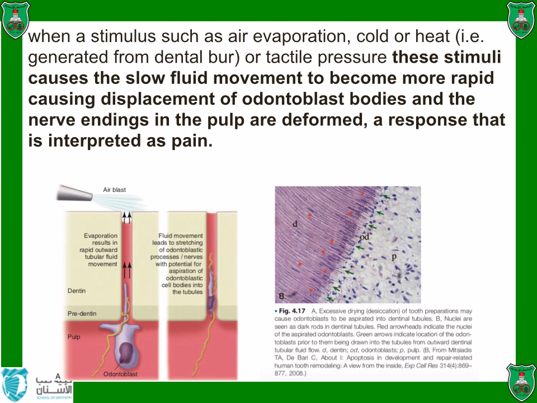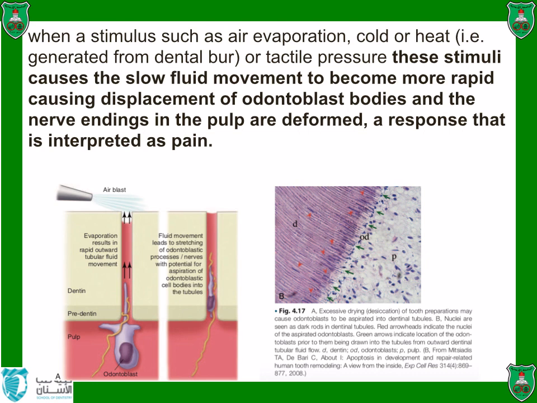If you look at the histological section, you can see that some of the odontoblasts have been aspirated inside the dentinal tubules. This is related to the application of air blast, or any evaporation, anything that will lead to the evaporation of the dentinal tubules. So the odontoblasts will be aspirated away inside the dentinal tubules, and then afterward they will die.